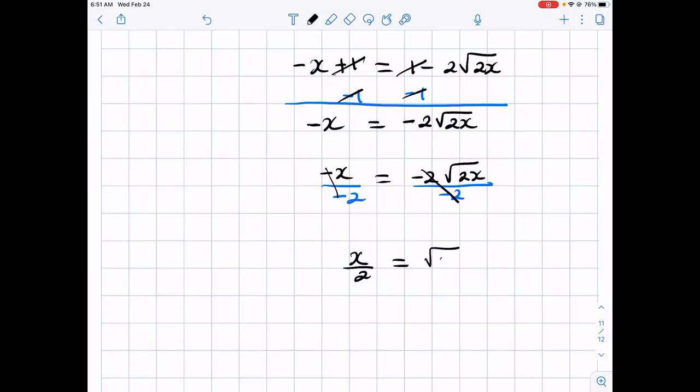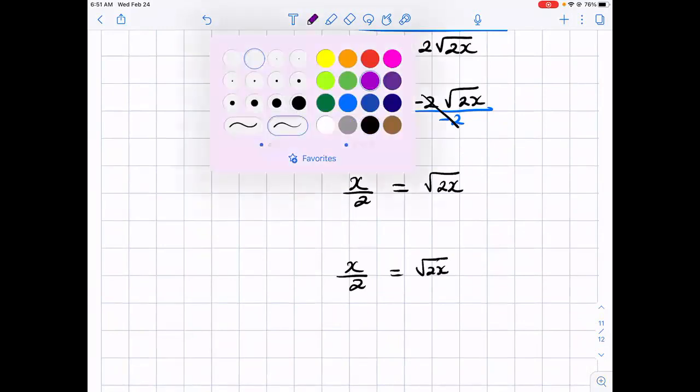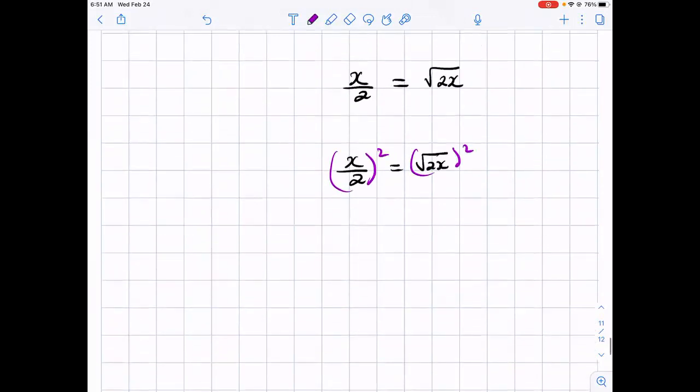So we're left with the root of 2x. And now we can square both sides, because the radical is by itself. So we have here x squared over 4 is equal to 2x.